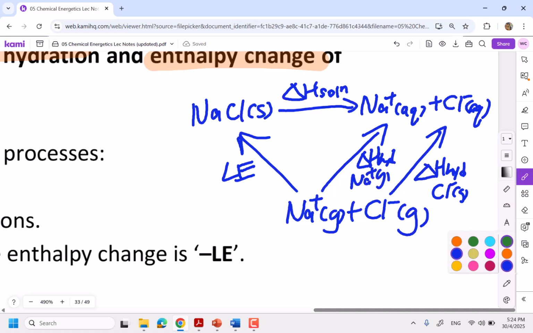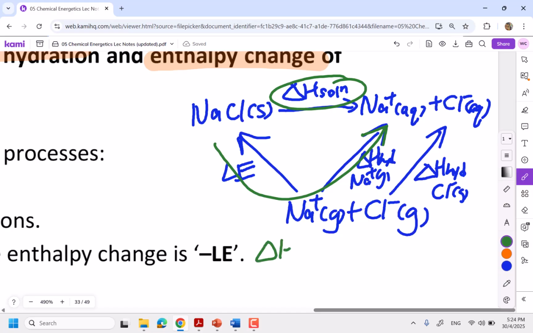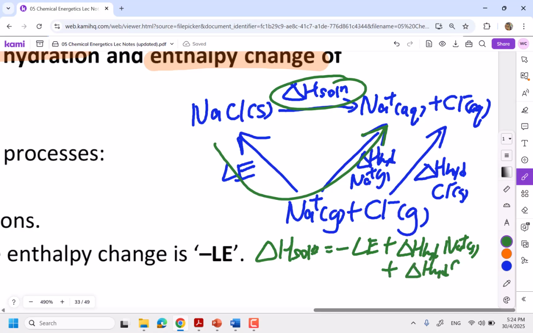Then with that, if we want to find out the enthalpy change of solution, we can just draw this cycle. So enthalpy change of solution would be equal to negative lattice energy plus the enthalpy change of hydration of Na+, as well as the enthalpy change of hydration of chloride.